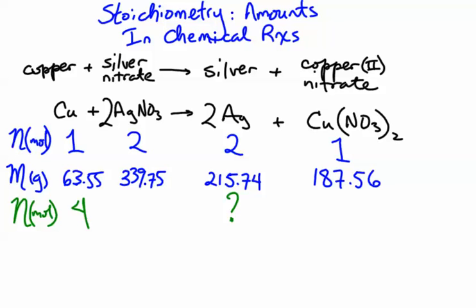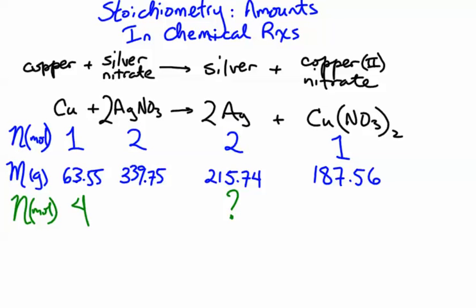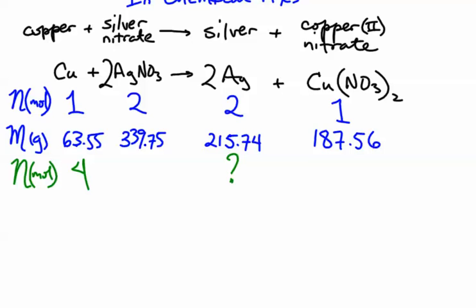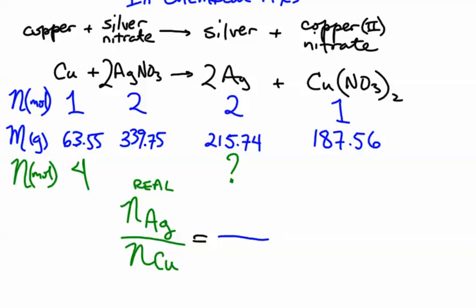So, our next step is to set up the magic square. So our magic square is going to look like this. Because we're dealing with the real here, I want to know how many moles of silver if I've been given a certain number of moles of copper. And I can compare that reality to our nice equation here.